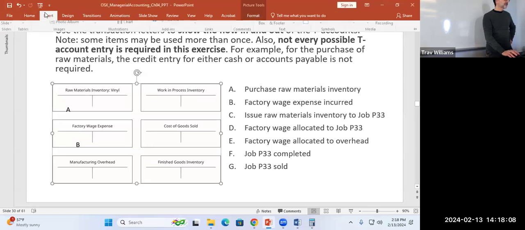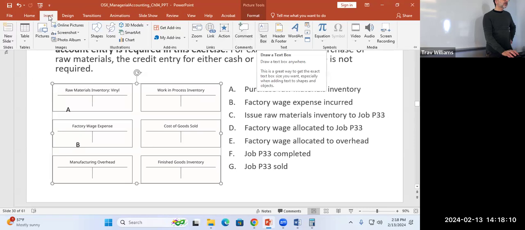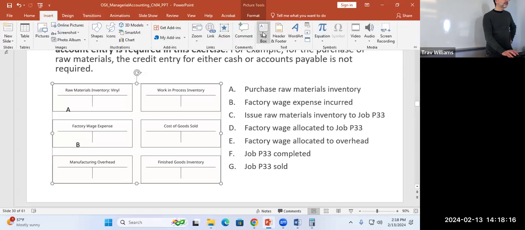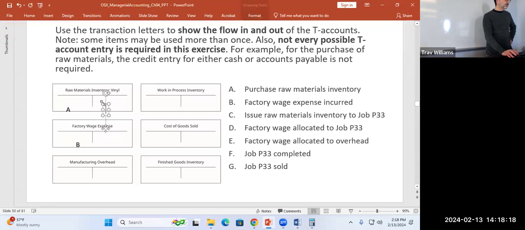Okay, so we're going to have to take those costs out of the raw materials inventory account, and then where do we put them? To work in process inventory, that's right.